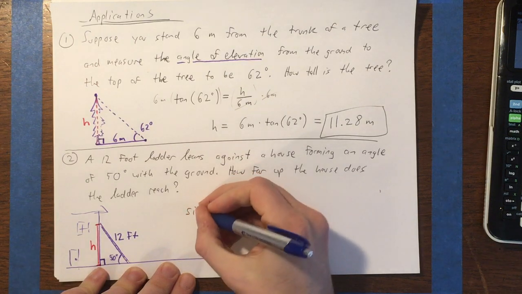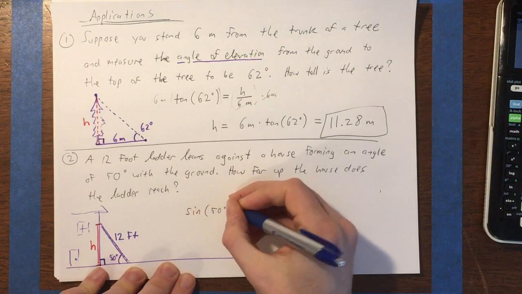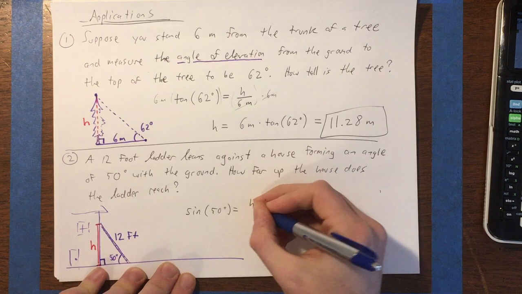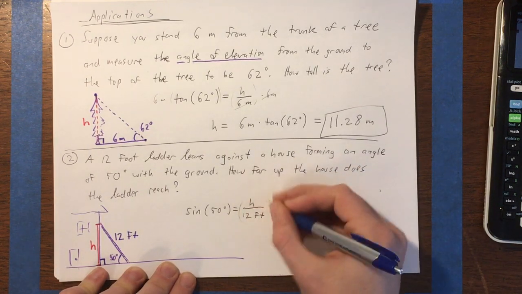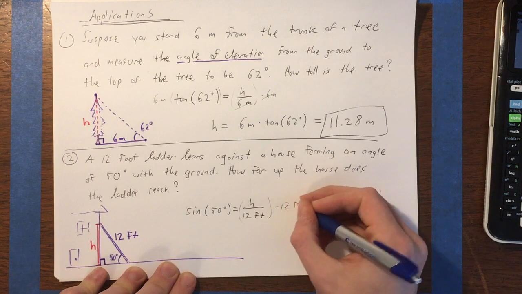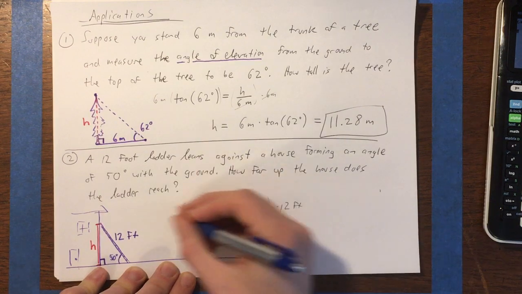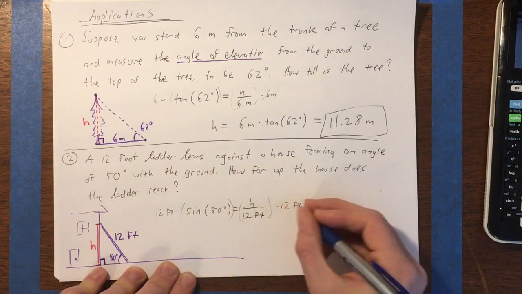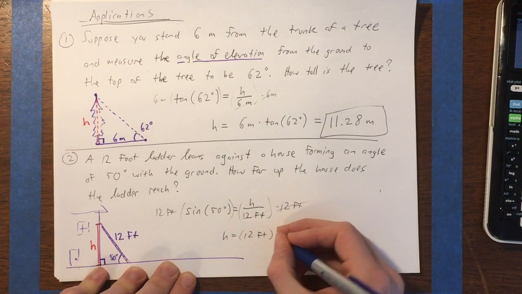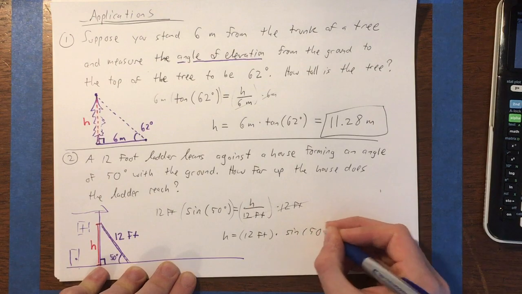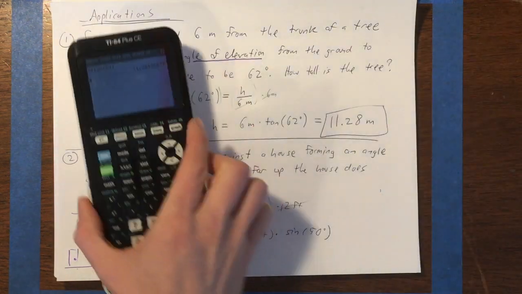So sine of the angle, 50 degrees, is going to equal the opposite side, h, divided by the hypotenuse, 12 feet. Just like the previous problem, multiply both sides by 12 feet, cancel it out over here, and we get h is 12 feet times the sine of 50 degrees. And we can pull out the calculator.